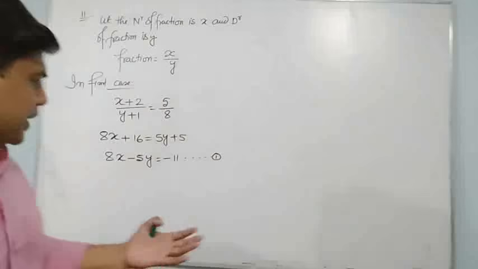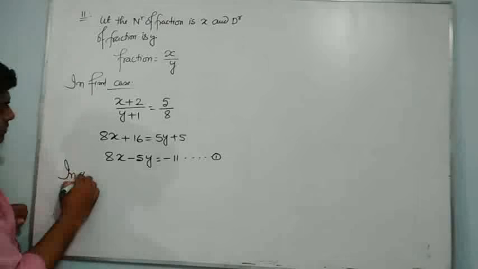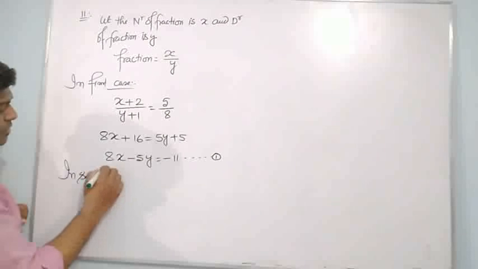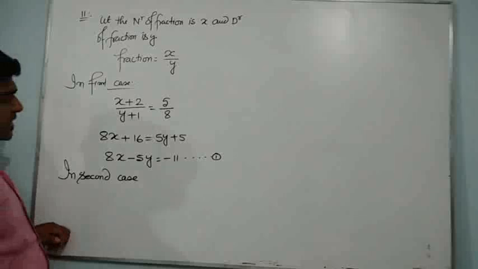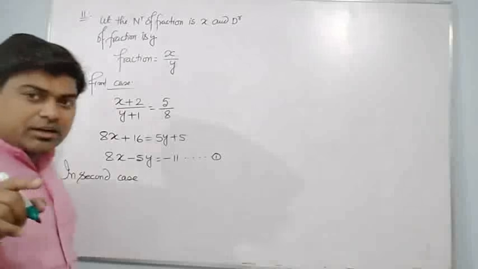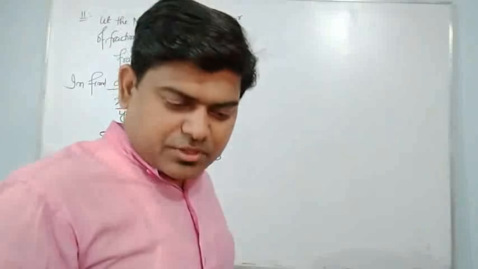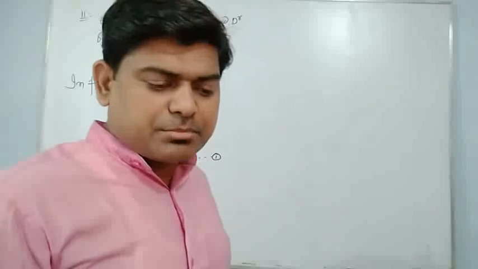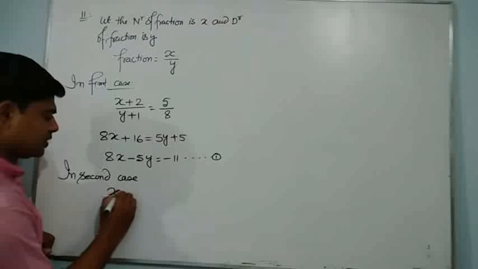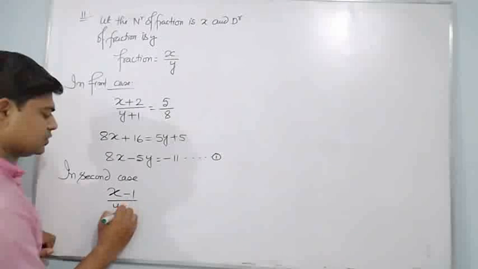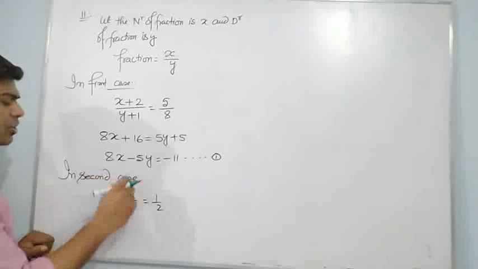Now, next point you can see, in the second case, diminished by 1 both. It's written, if the numerator and denominator are diminished by 1, then the fraction becomes 1 upon 2. It means x minus 1 upon y minus 1 is 1 upon 2. We can do cross multiplication again.